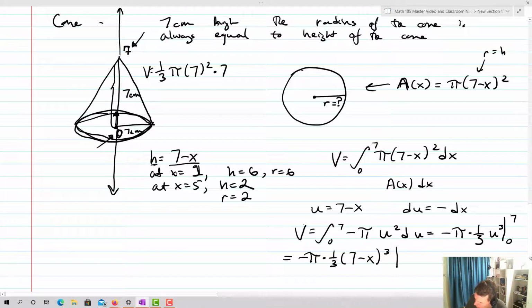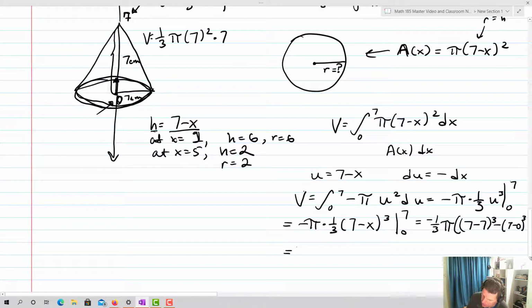So this will end up being negative 1/3 pi times (7 minus 7) cubed minus (7 minus 0) cubed. And so that'll end up equaling negative 1/3 times pi times negative 7 cubed, which is 1/3 pi times 7 cubed, which is exactly what we got before.